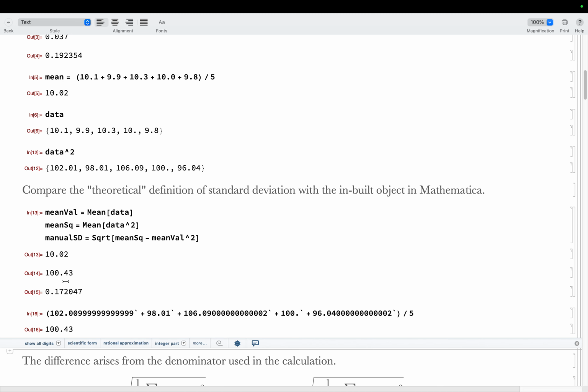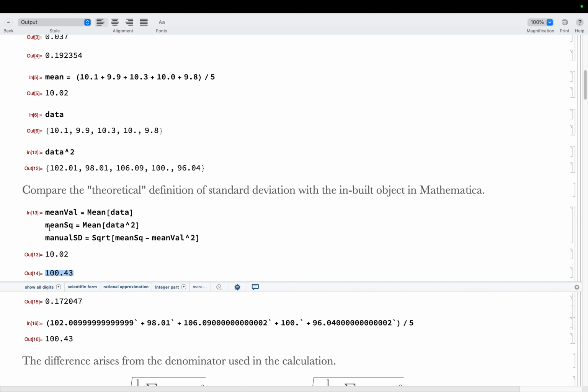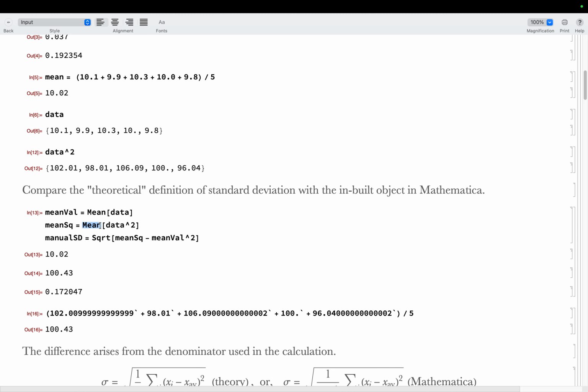So you see 100.43, right. This is the value we just obtained. So the mean is actually correctly calculated.